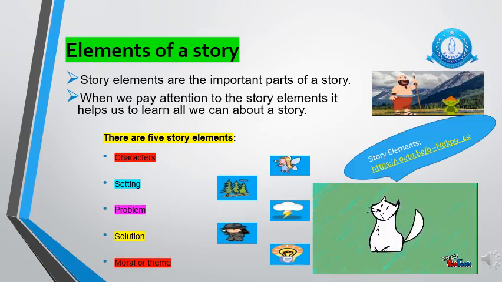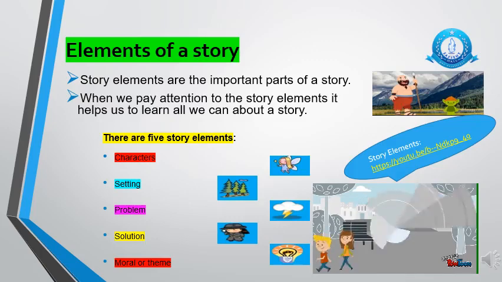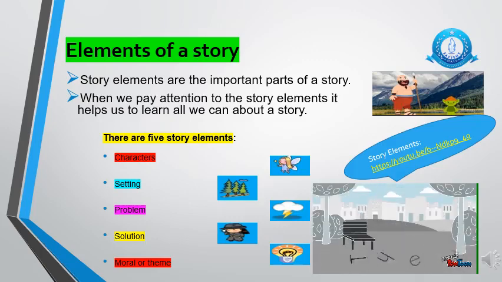Meow. Yay! Ollie, you saved my cat. Thank you. It was nothing. Want to go get some ice cream? Okay. Ollie and Janessa walked off to the ice cream parlor together. The end. Now let's talk about the elements in our story.